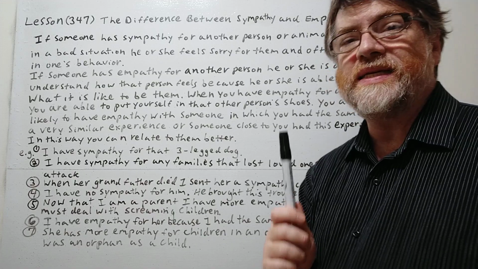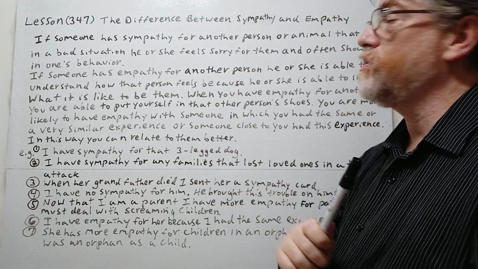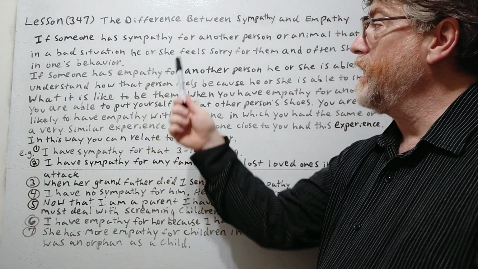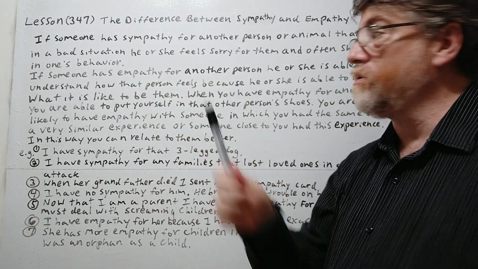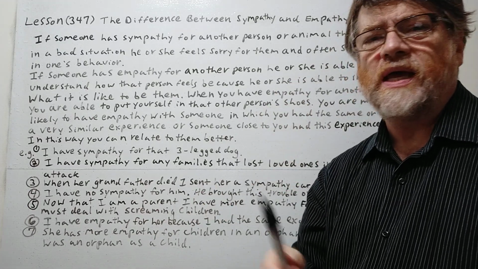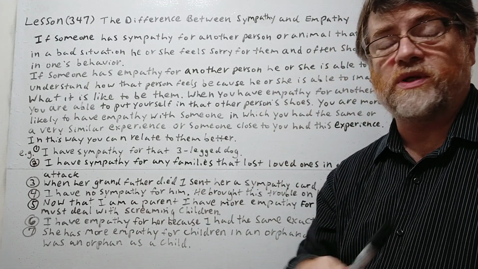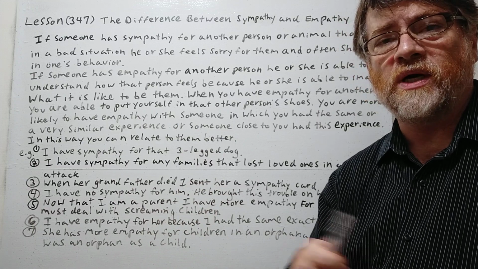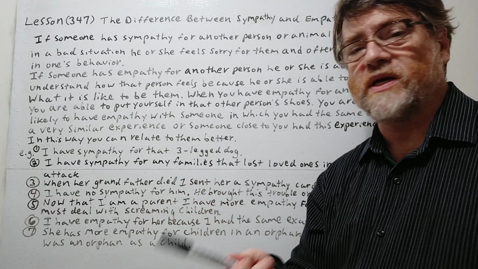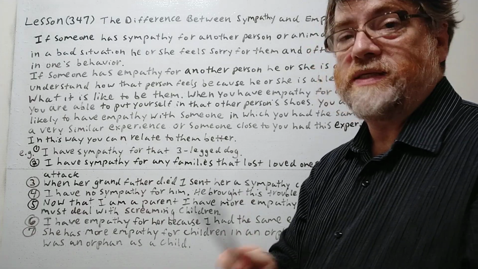If someone has sympathy for another person or animal in a bad situation, he or she feels sorry for them and often shows it in one's behavior. Like maybe wanting to do something for them or just saying, oh, sorry, that's too bad. Let's continue here.